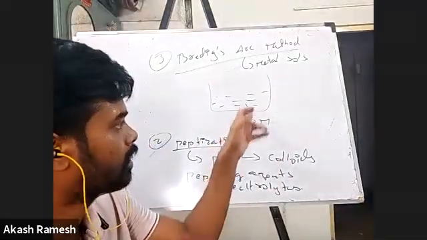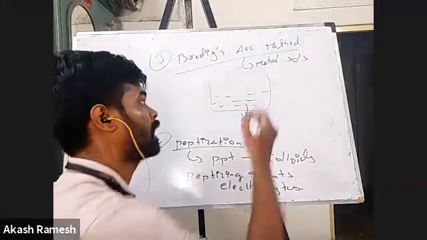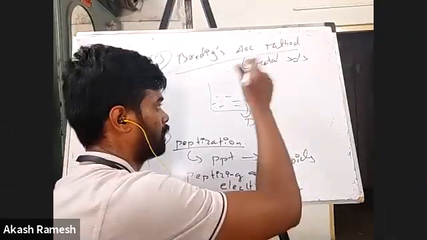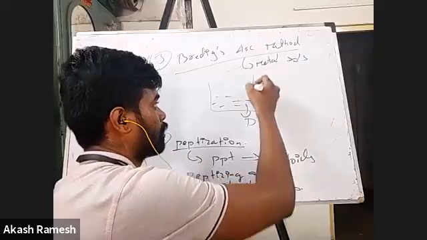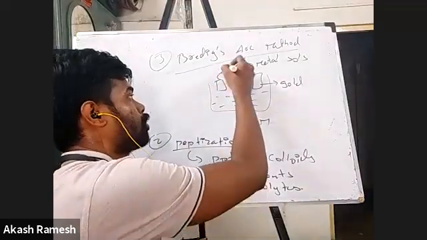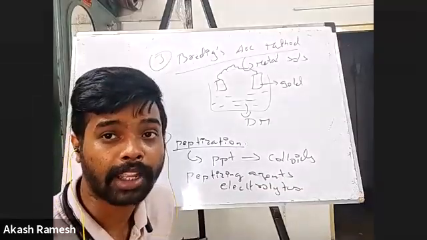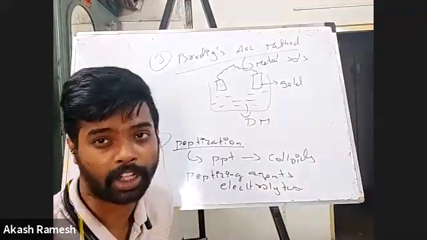So here in the vessel I have my dispersed medium. Now I'm going to have two metal rods, say for example gold rods, and they will be connected to a very high voltage battery.